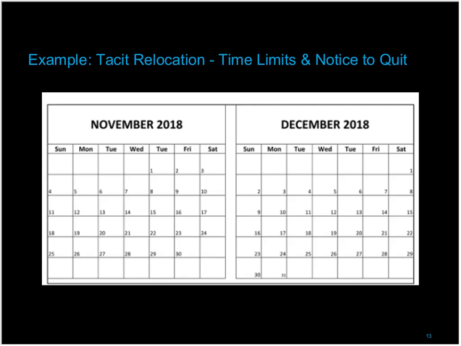Now, in order to serve a competent notice to quit against that tenancy, the notice would have to be served on or before the 28th of November this year in order to terminate the lease as at the 28th of November 2019, because that's giving more than a year's notice but less than 2 years' notice.